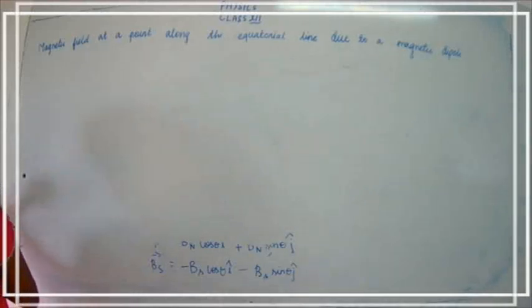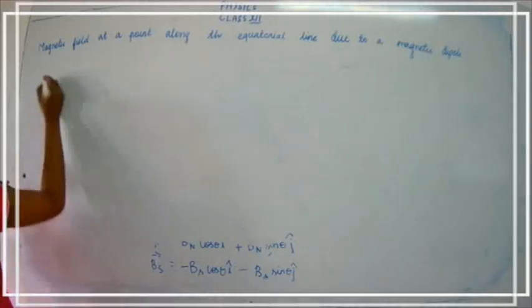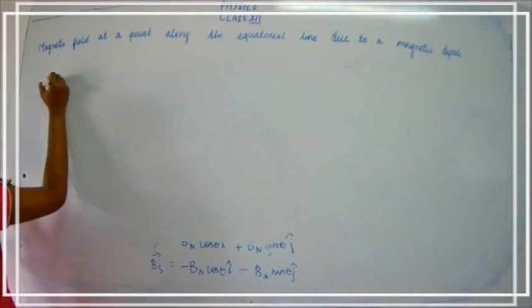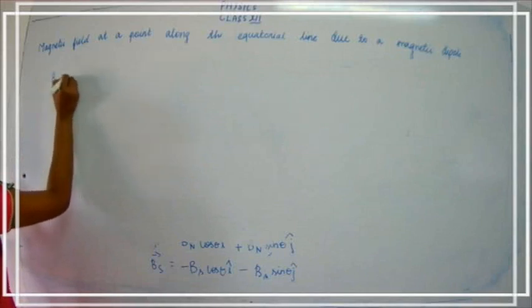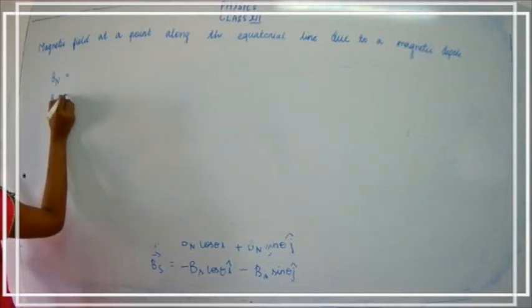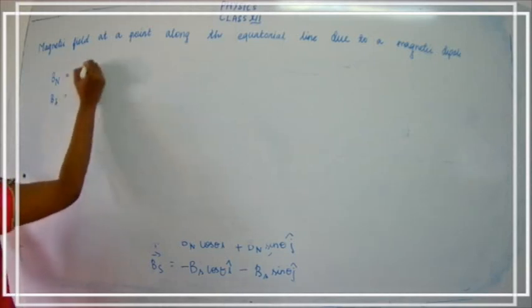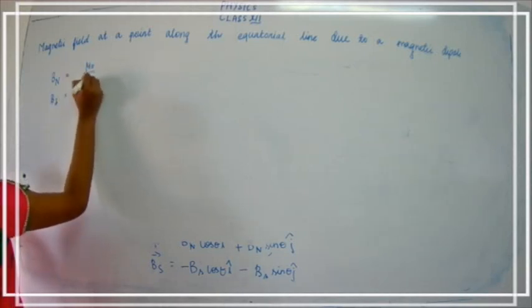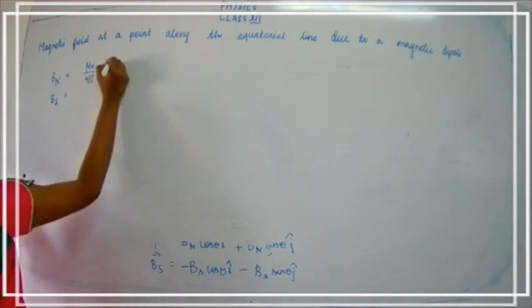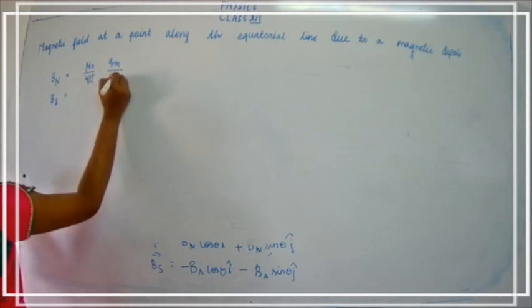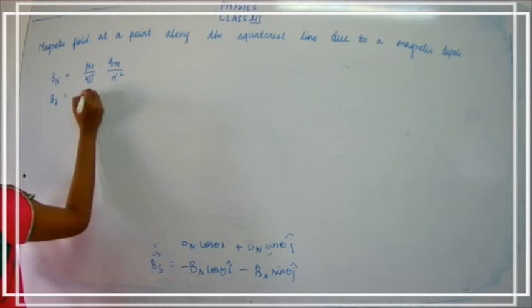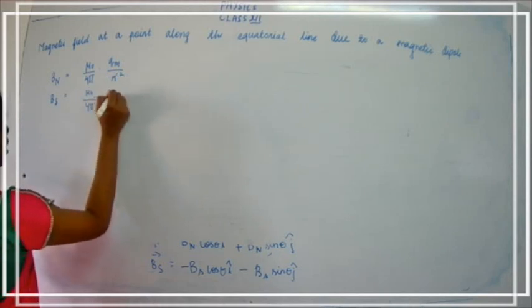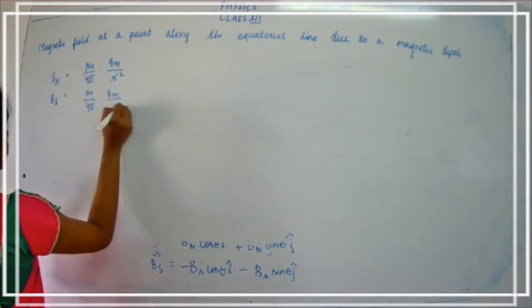Now Coulomb's law, we are going to apply Coulomb's law for Bn and for Bs. Mu naught by 4 pi, Qm by r dash square, and the same mu naught by 4 pi, Qm by r dash square.